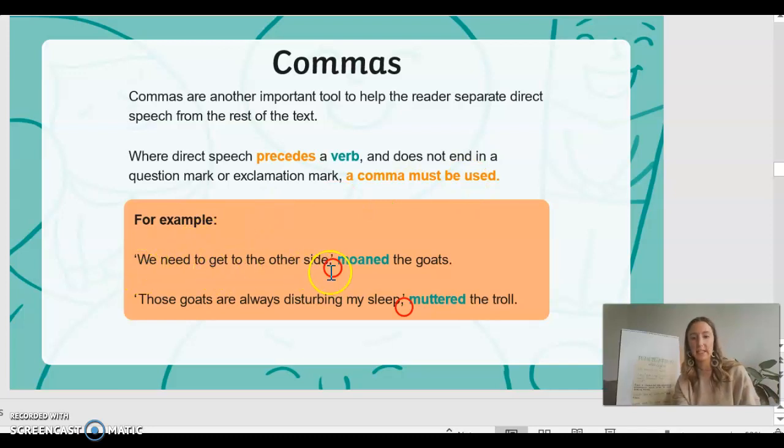We need to get to the other side, comma, close talking marks, moaned the goats. Another example. Those goats are always disturbing my sleep, comma, close talking marks, muttered the troll. So this is where it's saying how they've said it. And if we're not adding that, we just add a full stop.